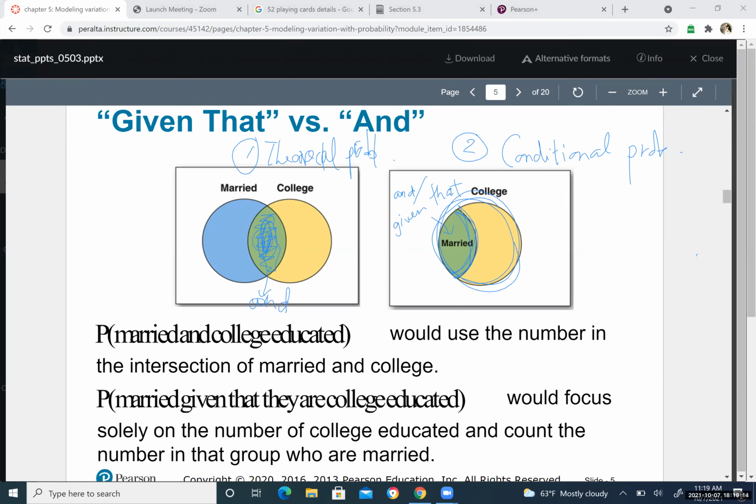Does it make sense? See the differences?